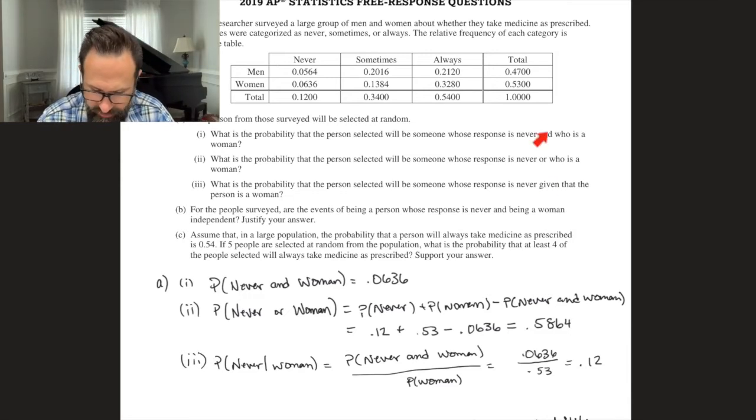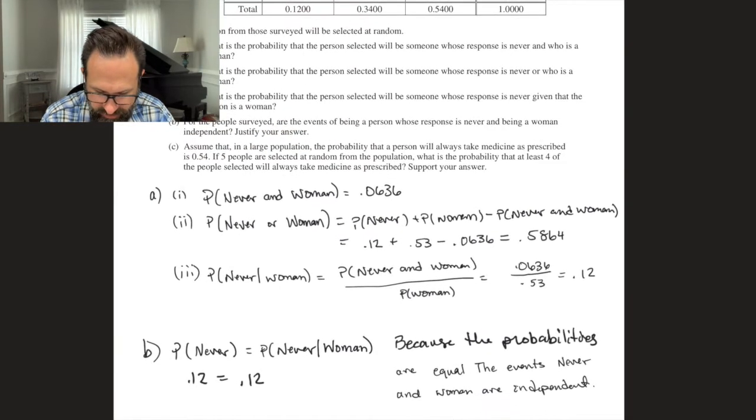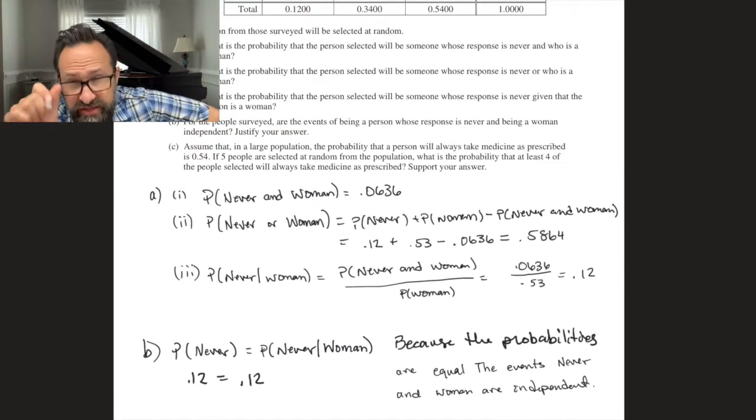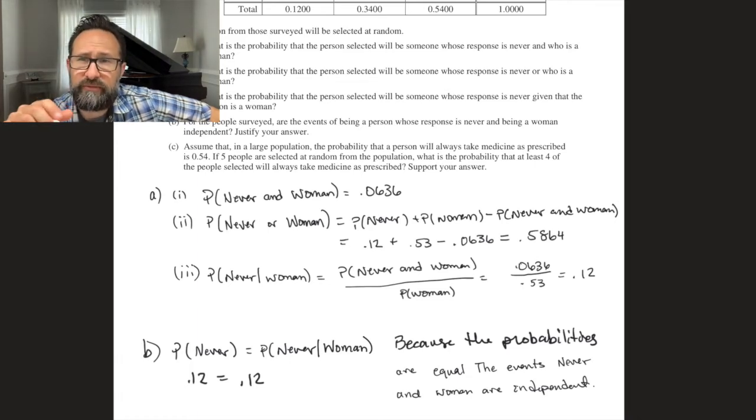The next piece says that for the people in this survey, could we consider the events of being a woman and never taking the medication as prescribed independent events? We know that if the marginal equals the conditional, if the probabilities are equal, then we can show it.